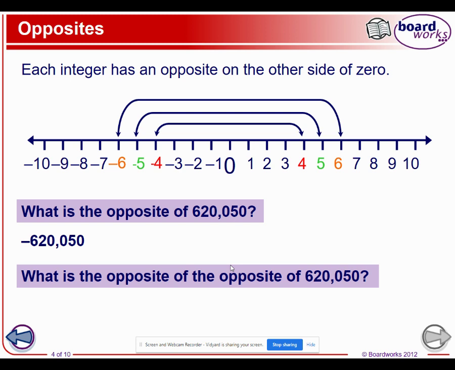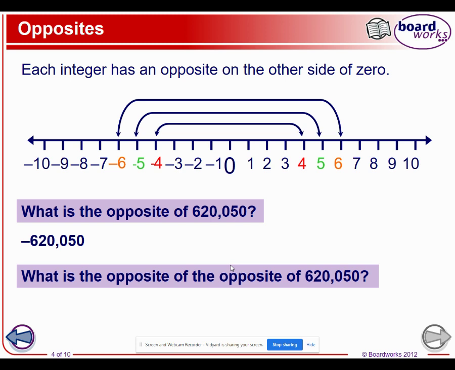We don't really need to get into this too much, but if the opposite of a positive whole number is that same negative number, so if the opposite of 6 is negative 6, then what would the opposite of negative 6 be?